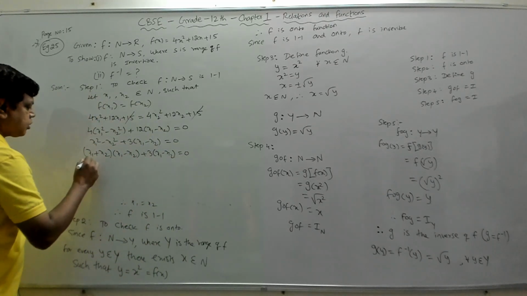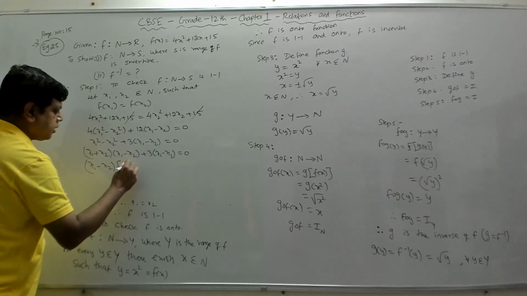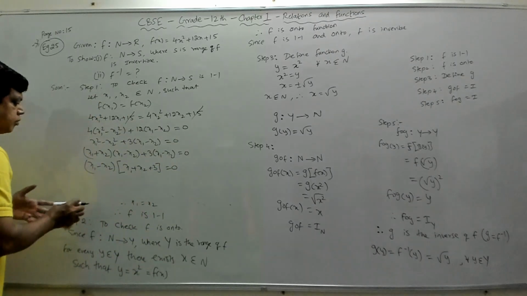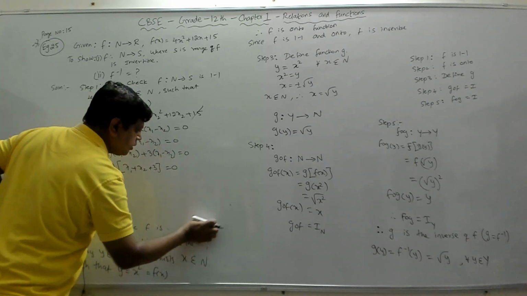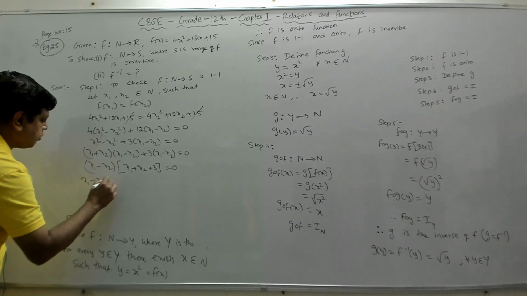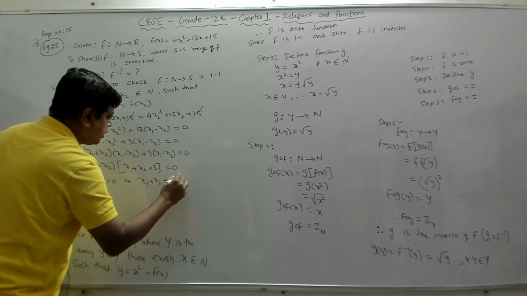Now here we'll take x1 minus x2 common. Then we will get x1 plus x2 plus 3 equal to 0. Fine. So which means either x1 minus x2 equal to 0, or x1 plus x2 plus 3 equal to 0.